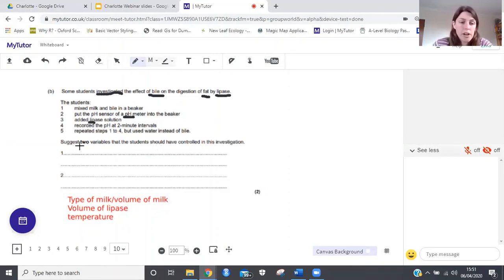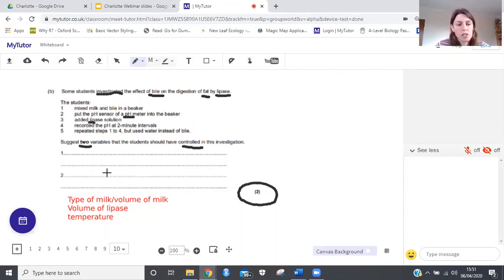Suggest two variables that the students should have controlled in this investigation. 2-mark question, we're suggesting two variables. You could have had any of type of milk, volume of lipase, or temperature.